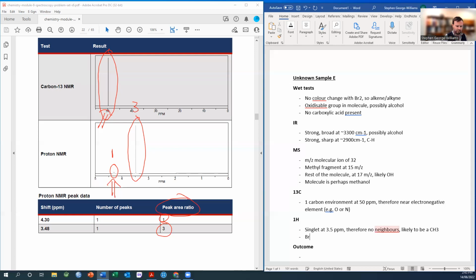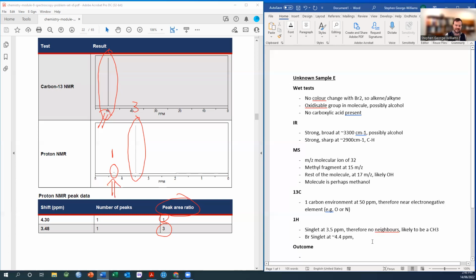We have a slightly broader singlet at about 4.4 or so, 4.3, just a rough guess. If it's at 4.4, both of these are close to something electronegative like before, because they are up high above 3.